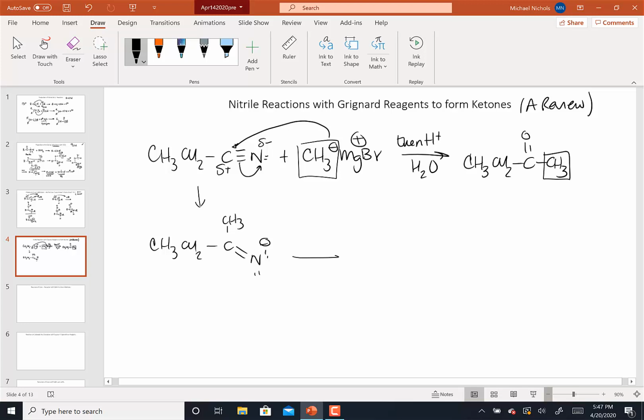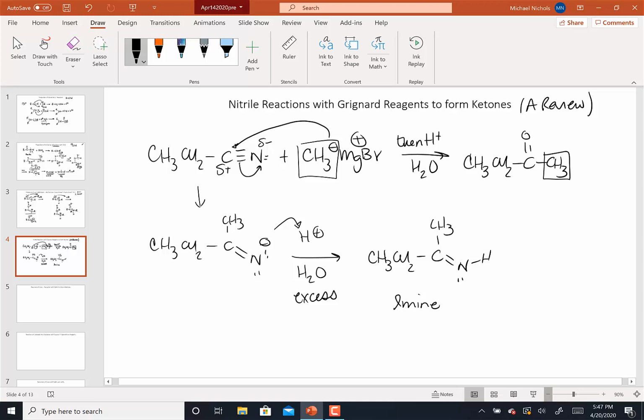The next thing we do is we add our H plus, H2O, and that's always going to be in excess. And so my N minus is simply going to be protonated. And so I have that compound. What is that called? That's an imine.